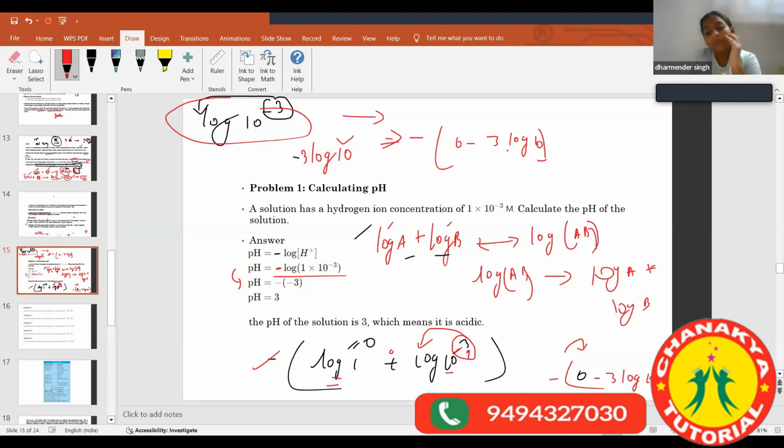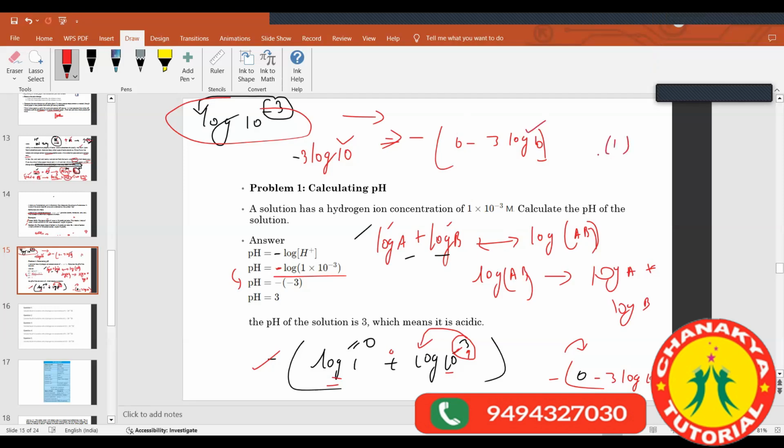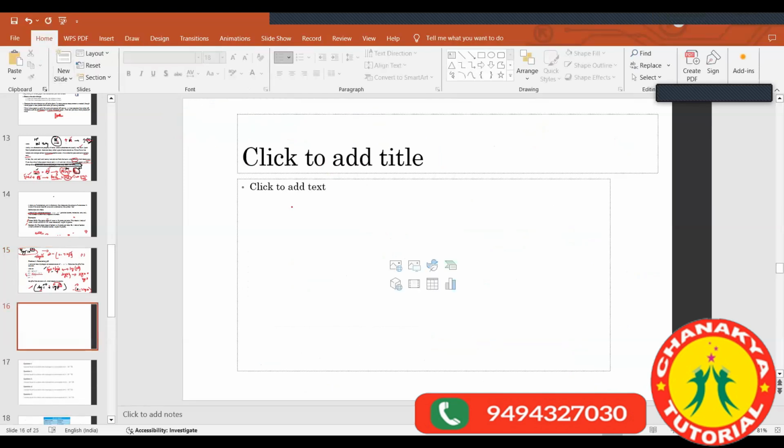Ma'am, after 0 minus 3 log 10, what is the next step? I'm coming to that. Till now, is it clear for everybody? Now, the value of log 10 is 1. There is a logic here.